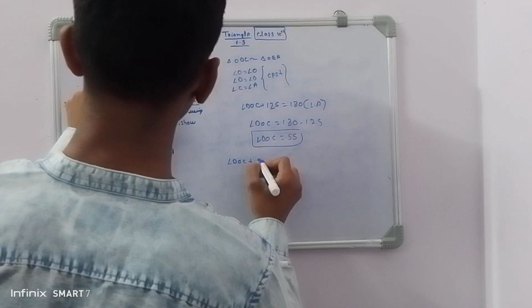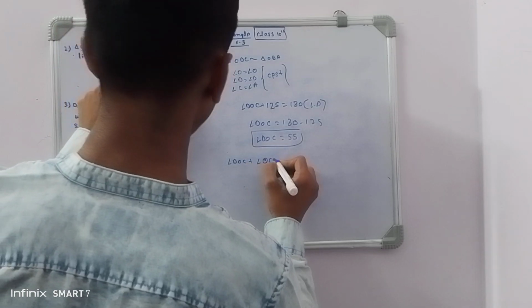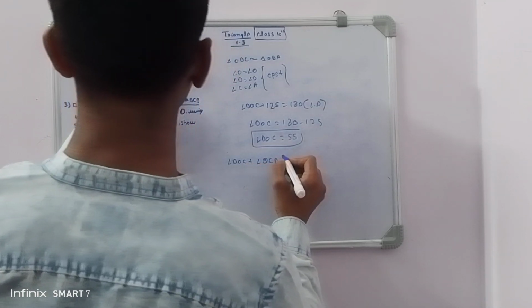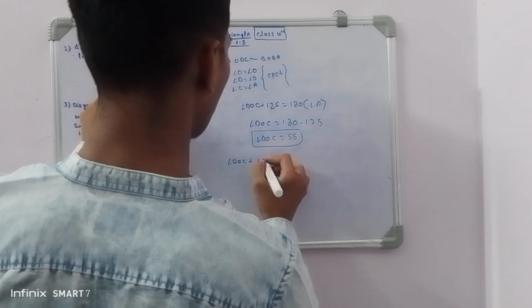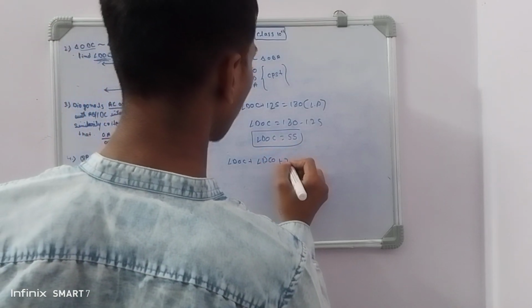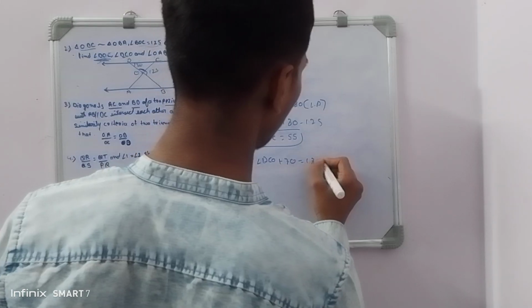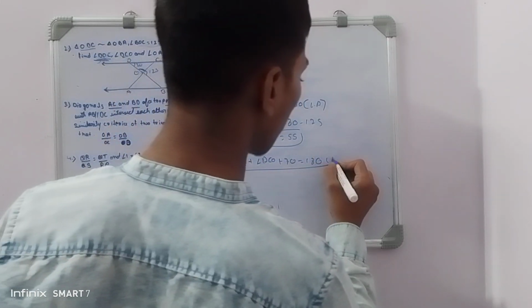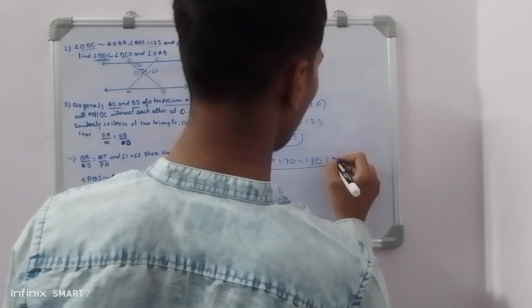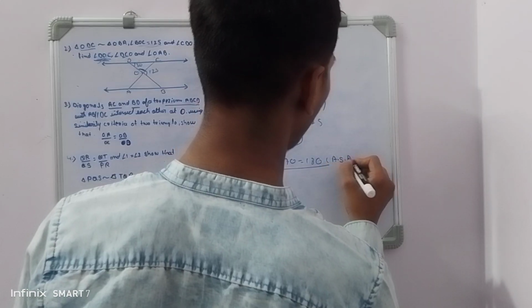As we know, angle DOC plus angle DCO plus angle 70 is equal to 180 by the angle sum property.